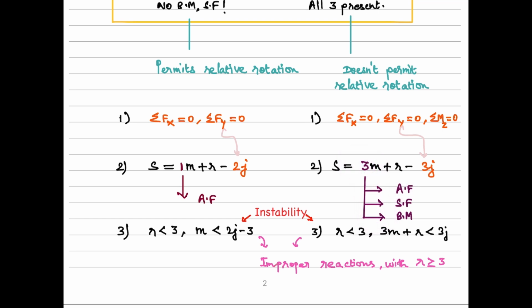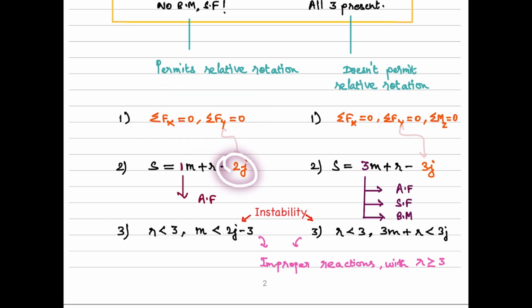Next is r. This remains the same, just that we are going to count the number of reactive components there. In case of truss as well as frame, the same happens with the beam. So it doesn't change. And then finally, we have this 2 in front of j. Here, this 2 is for two equations of static equilibrium being applied at every pin joint of a truss.